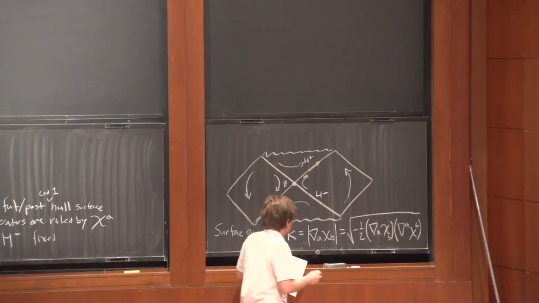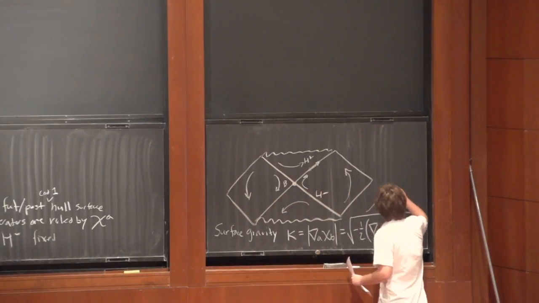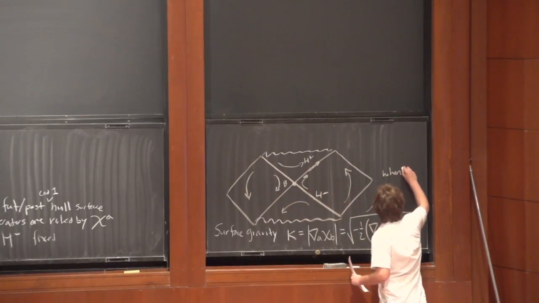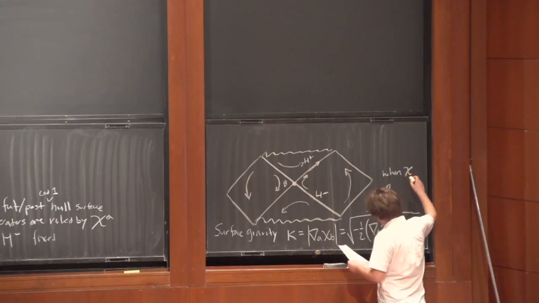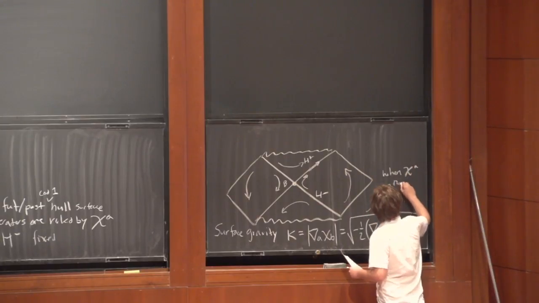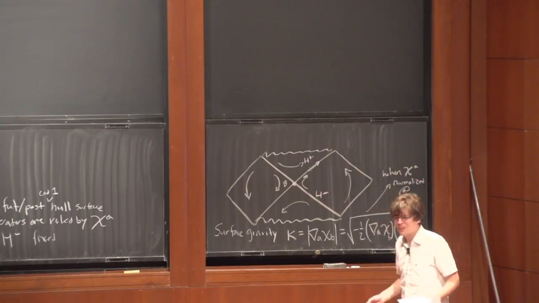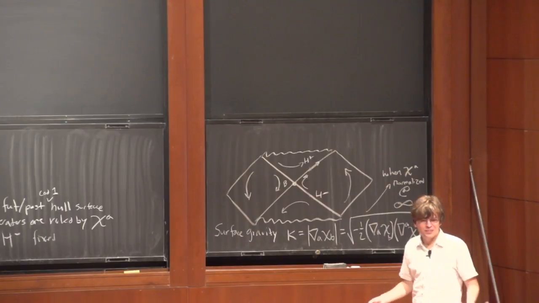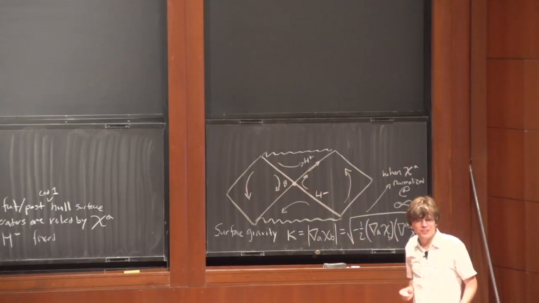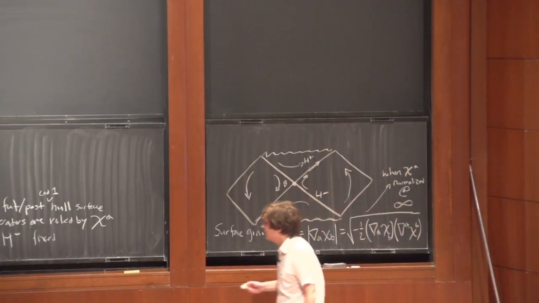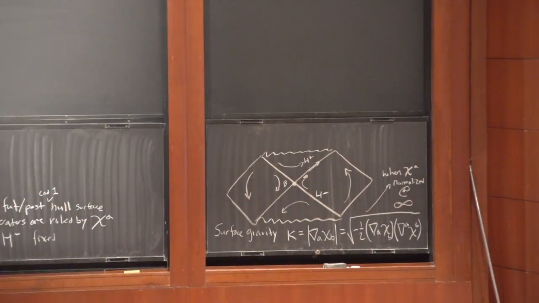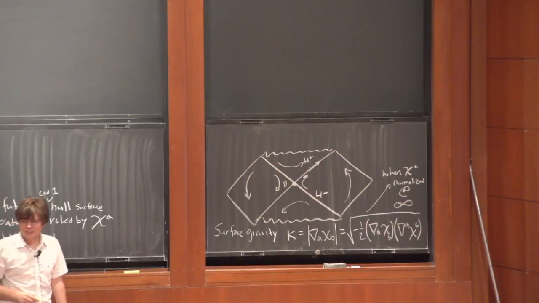But there's a key point of this definition, which is that this is when chi^A is normalized at infinity. If I don't specify how the Killing vector is normalized, I don't have a well-defined number. And my normalization rule is this one, that it looks like a unit time translation at infinity.